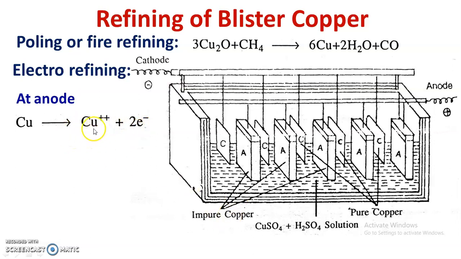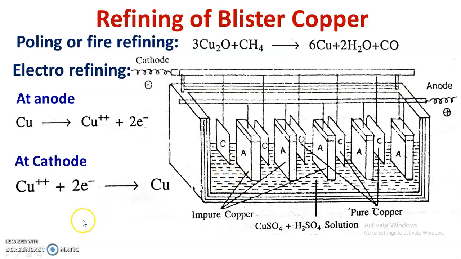These cupric ions enter into the electrolyte, and migrate to the cathode, and at the cathode there is a reduction reaction. Cupric ions gain 2 electrons and form metallic copper, which is deposited on the surface of the cathode. In this way the size of the cathode increases and the size of the anode decreases. So the anode dissolves into the electrolyte and the size of the cathode increases.